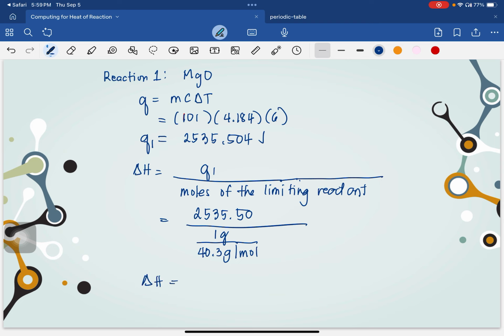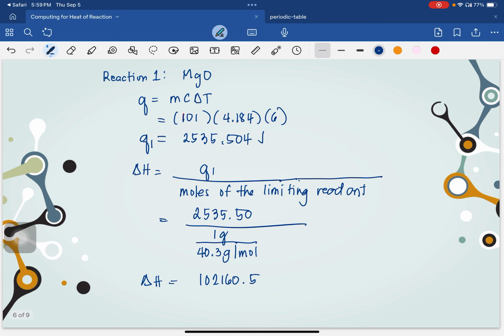Okay, I'm getting 2535 times 40.3, which gives 102,160.5.